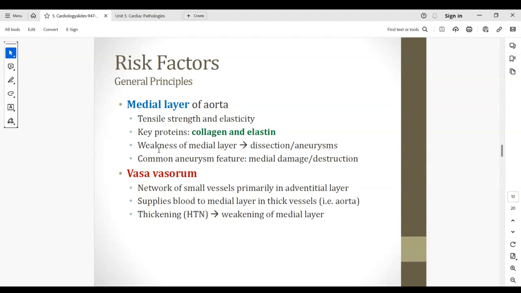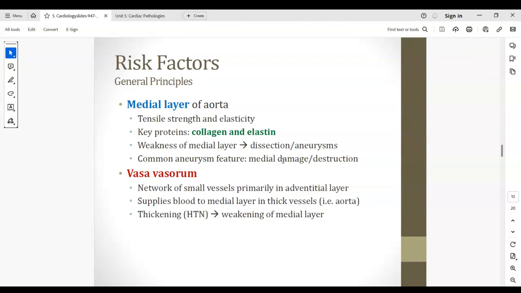Okay, and there are two key proteins responsible for that: collagen and elastin. So, with weakness of this medial layer, two possible complications could happen: either aortic dissection, which we are talking about now, or aortic aneurysm, which we will be talking about later.